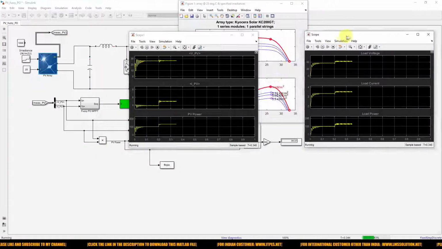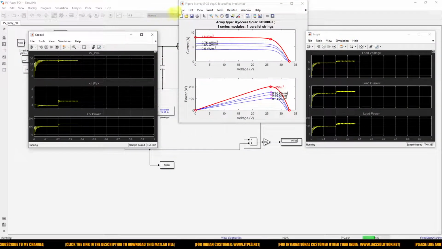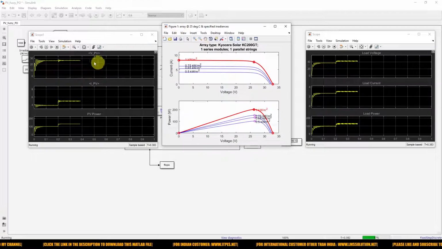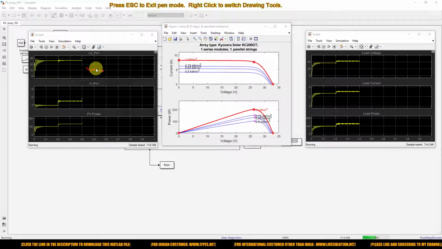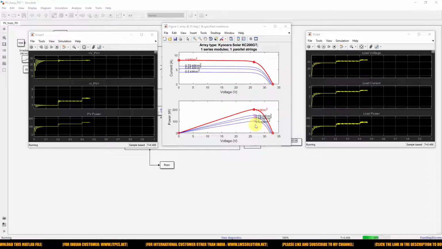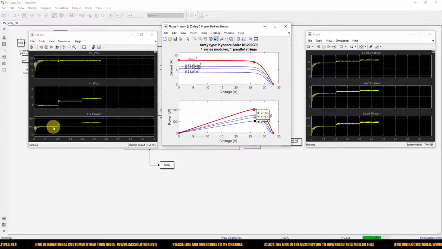So this is PV voltage, PV current and then PV power. This is load voltage, load current and load power. Next you have to check with the theoretical results. For 500 watts per meter square the peak power is around 101.6. So here you can see that the peak power is around 100 watts.